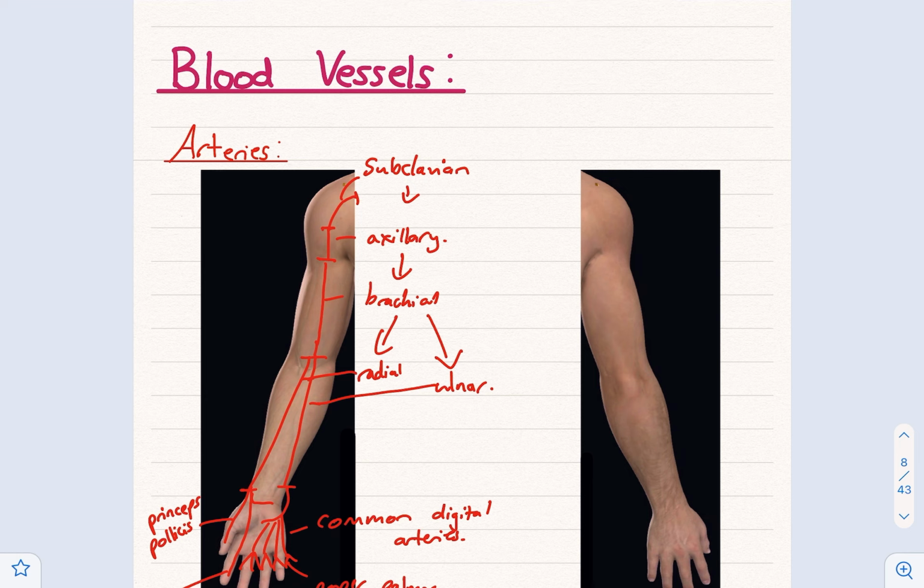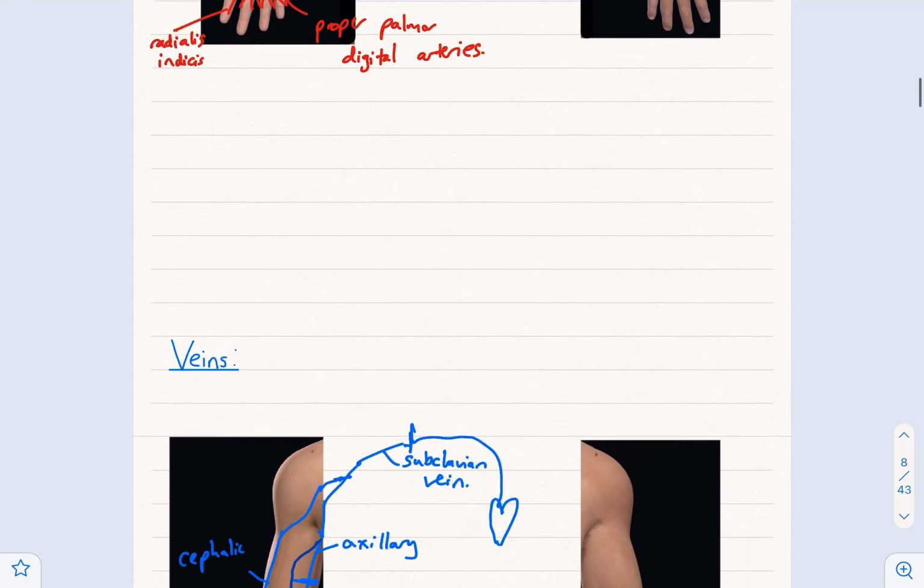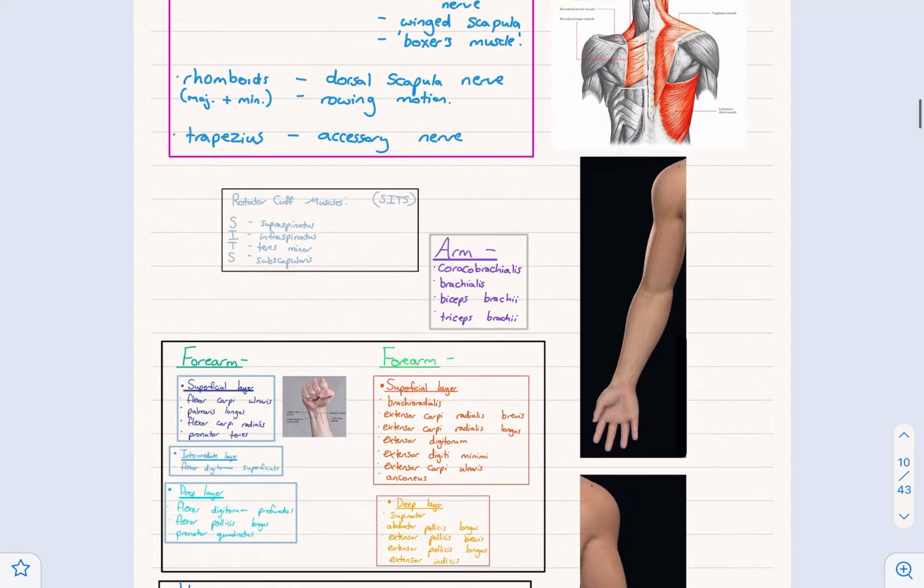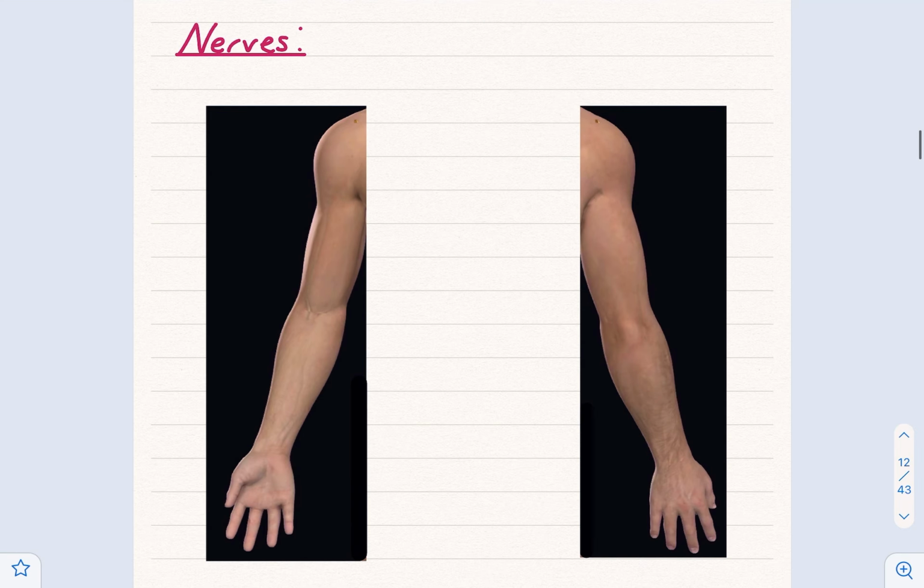You can get a supracondylar fracture, which breaks the humerus and causes a stringing of the brachial artery. But yeah, alright, now we'll go on to nerves.